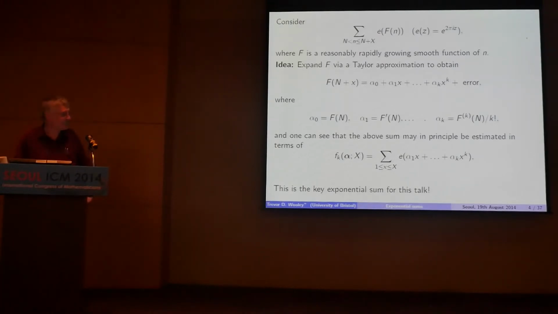In the case of the Riemann zeta function, if you're close to the 1 line, then this degree k may actually grow with x even, so it may be really rather large. If you're close to the half line, then relevant k's might be closer to 2. So this situation really depends on the specific function, but it's certainly the case that these exponential sums over polynomial arguments are a basic object to consider.